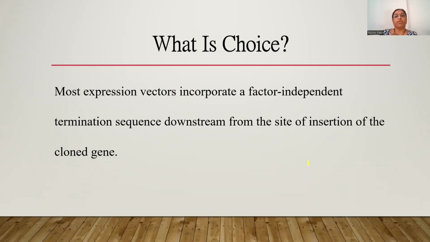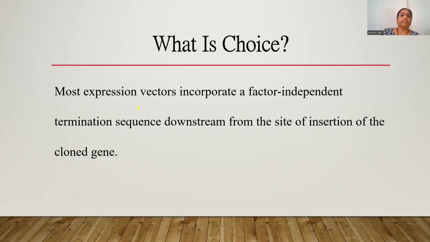But for the rho dependent termination, it utilizes energy, and the sequences are also not similar enough for designing the termination of transcription. So what will be the choice when we compare both of them?